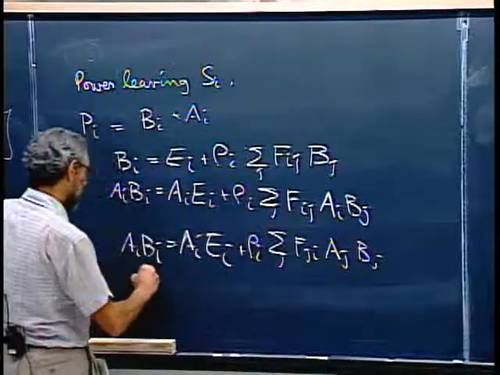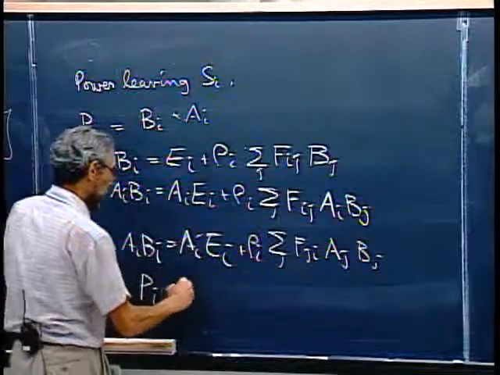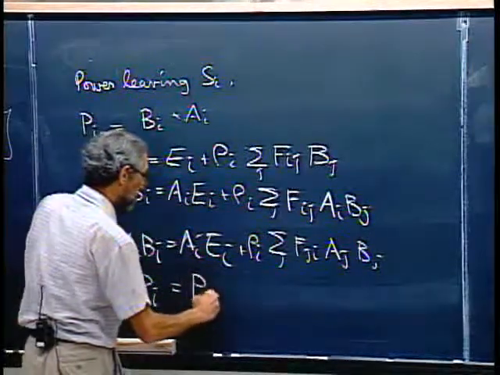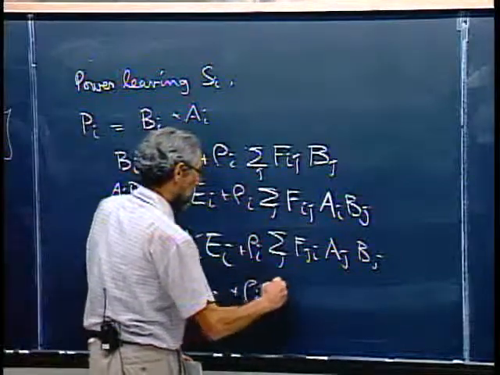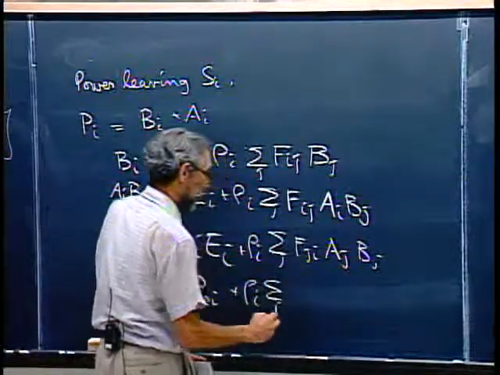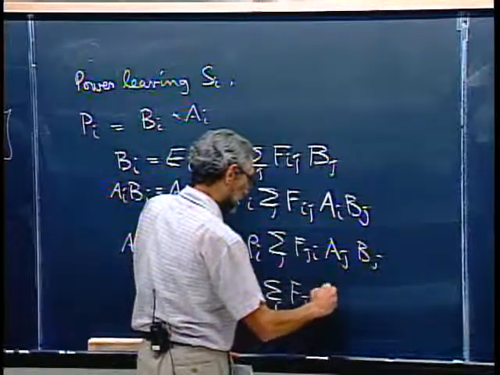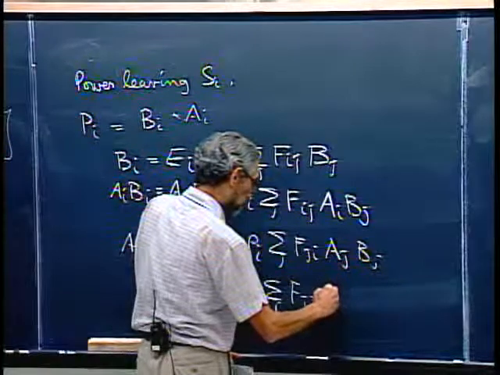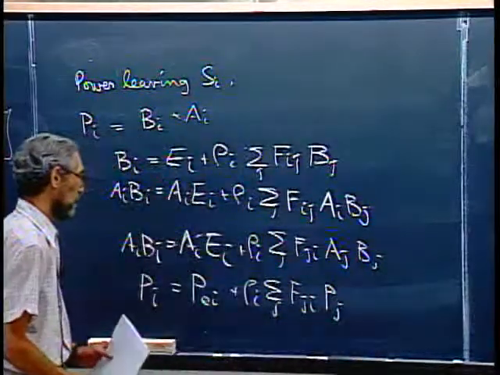And so this is the power on i. This is what they call the power emitted on i, this product, plus rho_i, the sum over j of F_ji times the power on j.